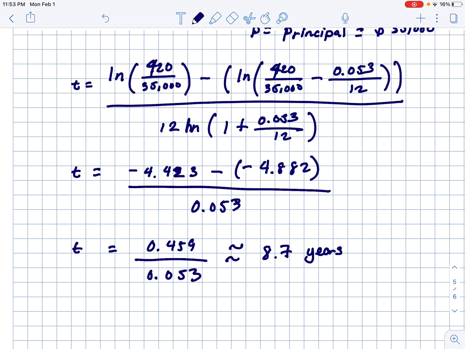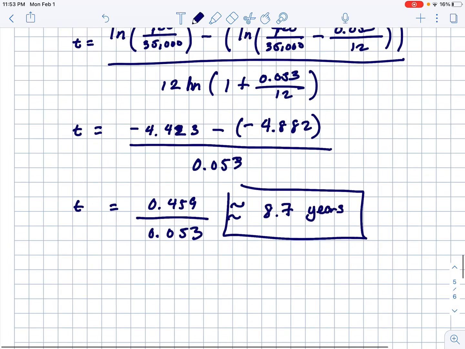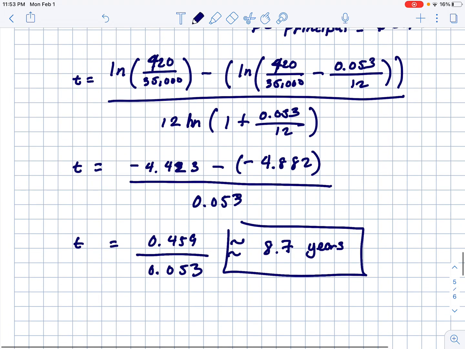Okay. So about 8 years, 9 months, 8 years, 8 months is what it would be to get this. That's the loan, or 8 times 12, 96.